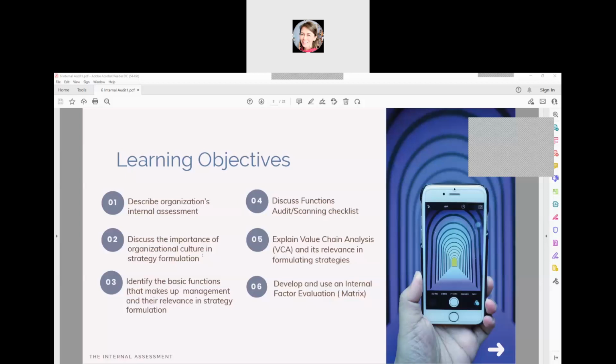Some may adopt IFE and EFE, some may adopt different things. The important thing is to recognize that each organization is different, just like us.